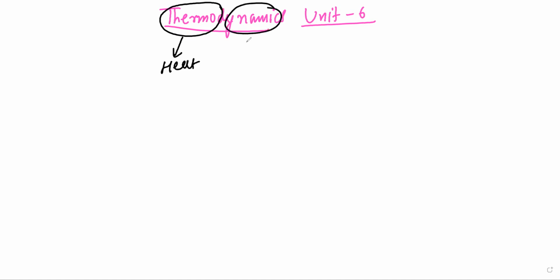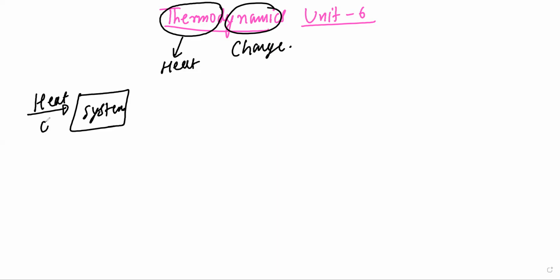Dynamics means change. So when heat is applied on any system, suppose this is your system, heat Q is applied on it. What are the changes on this system that we have to study in thermodynamics?